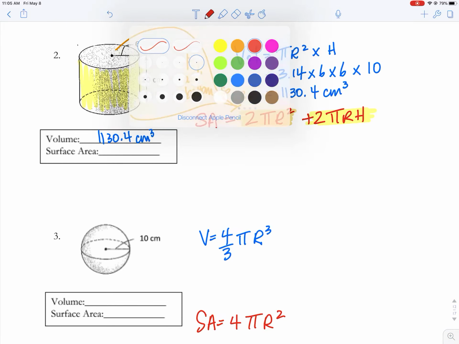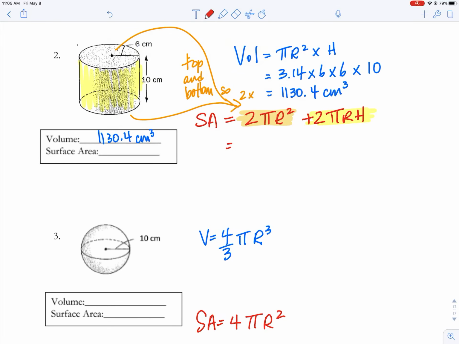And if we sub in our values, we're going to have 2 times 3.14 times the radius 6 squared, so I write it out twice, plus 2 times 3.14 times the radius 6 times the height 10.